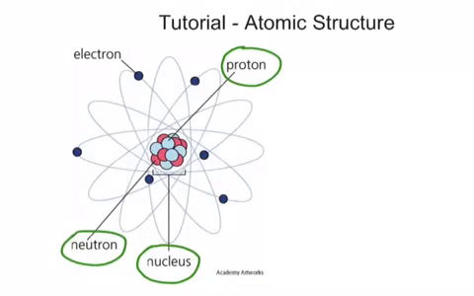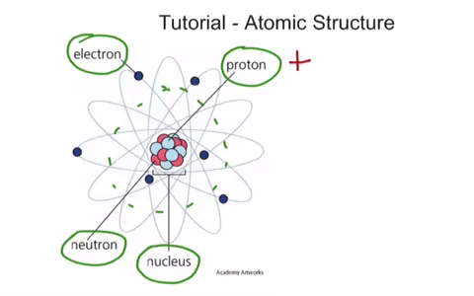Moving around the outside of the nucleus are the electrons. The electrons move in spaces called shells at various distances from the middle of the atom. Protons have a positive electric charge, often just referred to with a plus sign.